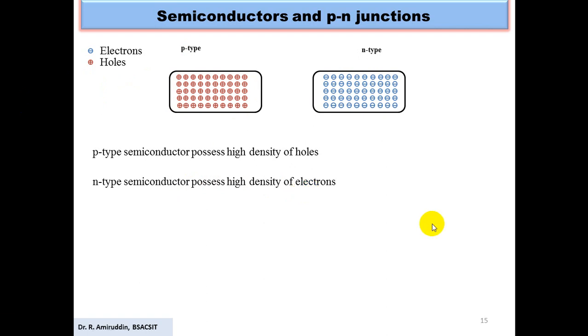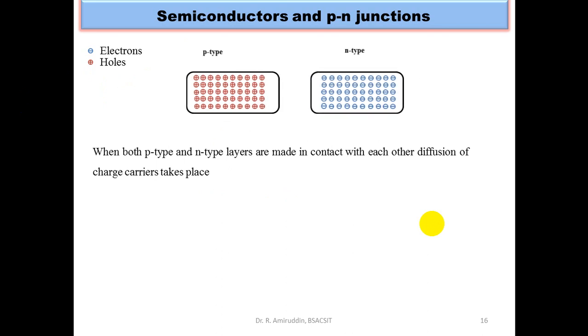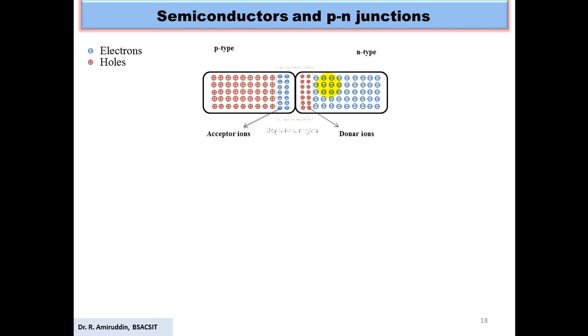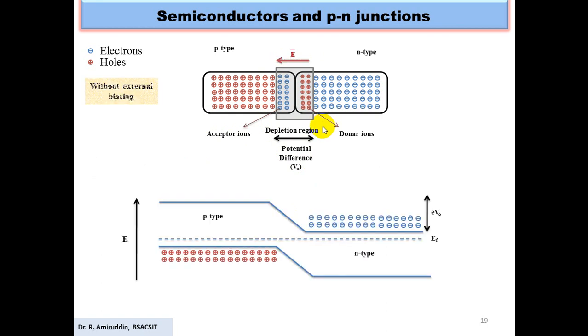Now when these p and n-type semiconductors are brought in contact with each other, there will be diffusion of charge carriers, resulting in the formation of acceptor ions and donor ions across the depletion region, which has a potential difference. This depletion region behaves as a potential barrier which restricts the flow of current, and this corresponds to the potential barrier of the p and n junction.